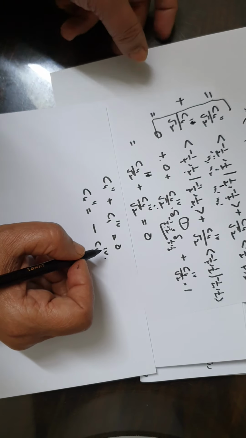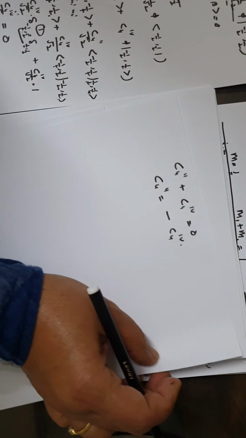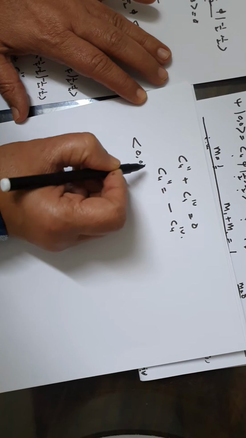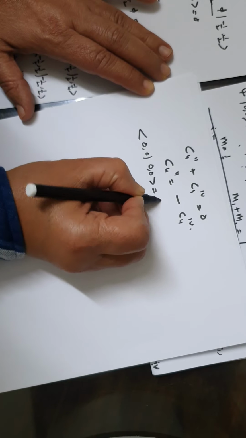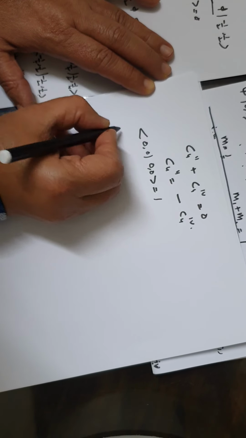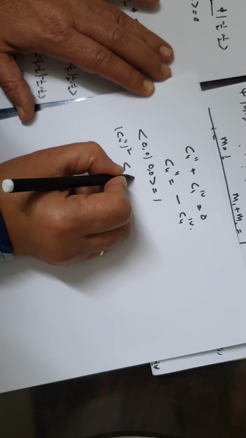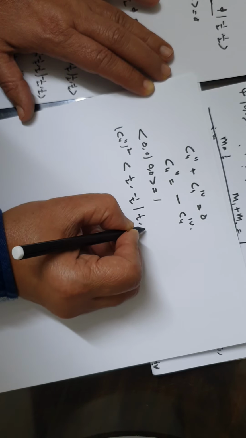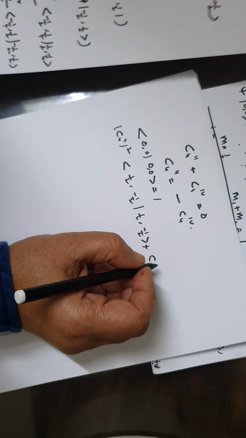4 dash. To calculate this value, we use the normality condition. Normality means that the inner product of state 0, 0 with itself will be equal to 1. If you multiply this, we will be getting the state C4 double dash modulus square, inner product of 1 by 2 minus 1 by 2, 1 by 2 and minus 1 by 2, plus C4 4 times.